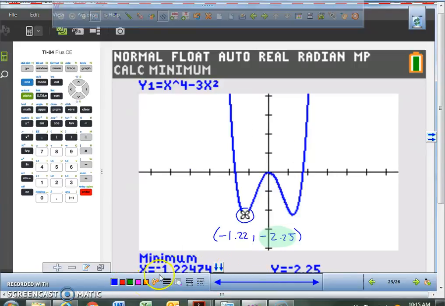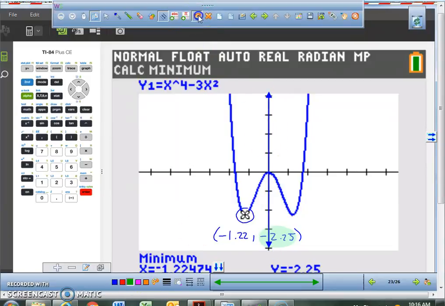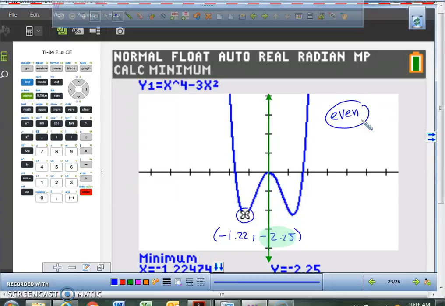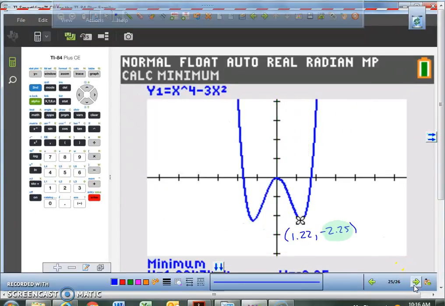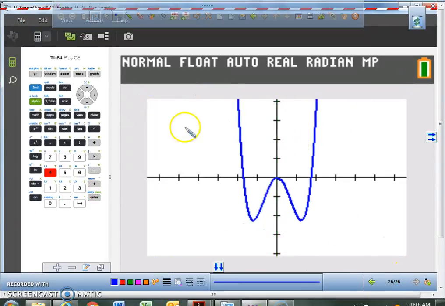I'm telling you this because we're almost done with the class, and anytime a graph has line symmetry, that lets you know that this is an even function. All even functions have symmetry across the y-axis. All odd functions have symmetry with respect to the origin. You need to know the difference between those. So that's how you find the absolute minimums using the graphing calculator.